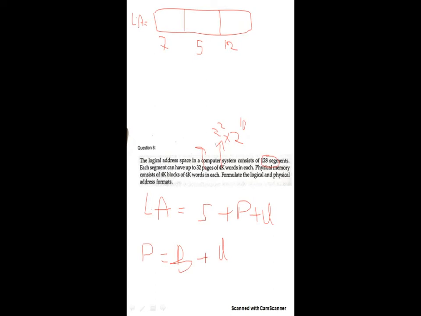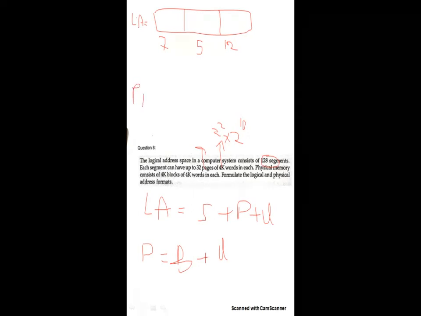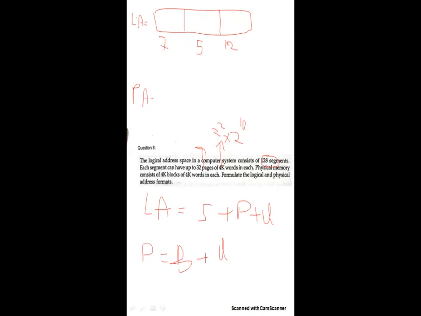Then he's also asking to format the physical address in physical memory. You know that in the logical address this is segment number, this is page number, and this is offset. In the physical address, you have only block number B and D. D is the same, both this D and this D, so I write 12.